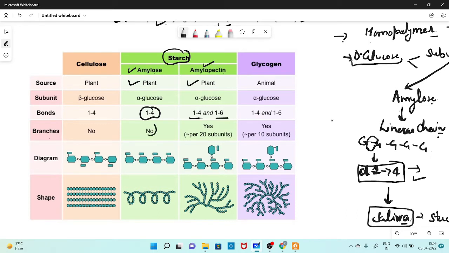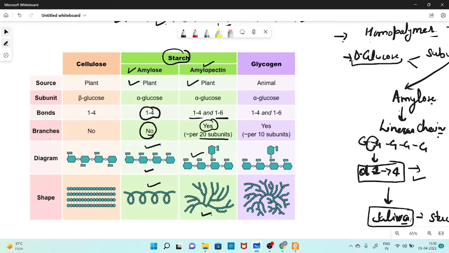Amylose does not have any branch, whereas amylopectin has branches, and after 20 subunits the branching gets initiated. The structure of amylose will be like this, and the structure of amylopectin will be like this. When they become more complex and get into a shape, they look like this. Right? So this is the starch structure and its features.